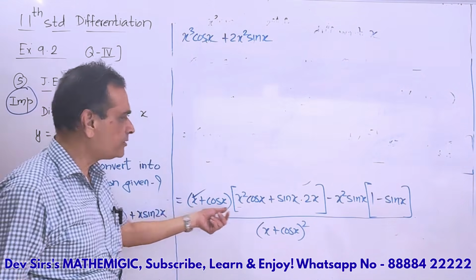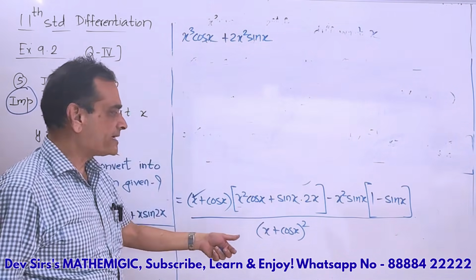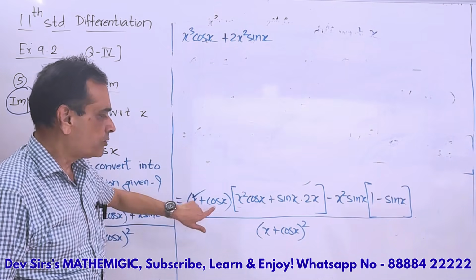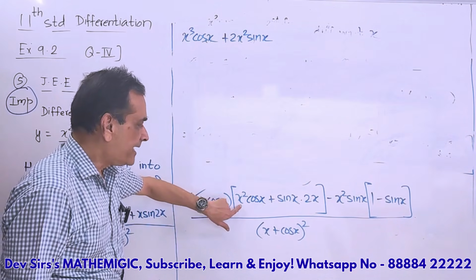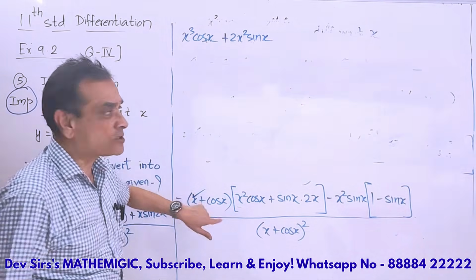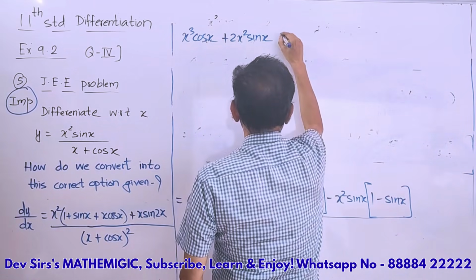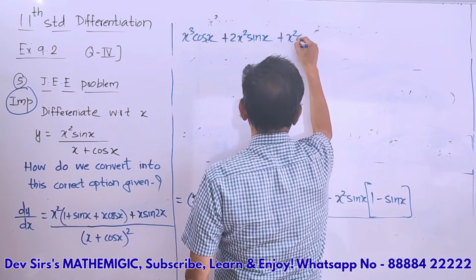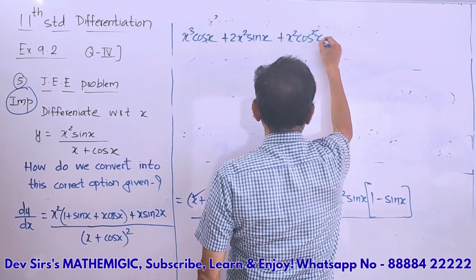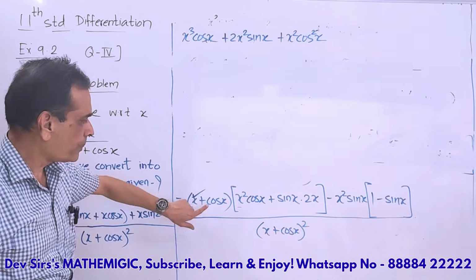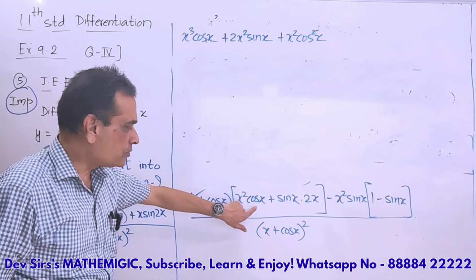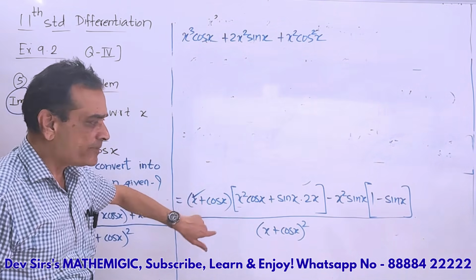Now go to cos x. x squared cos x into cos x, cos squared x, x squared cos squared x यहाँ पे है.